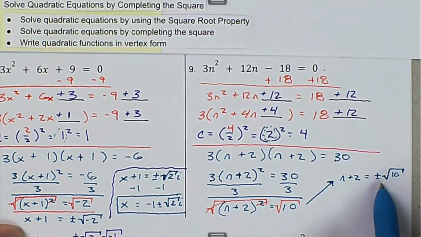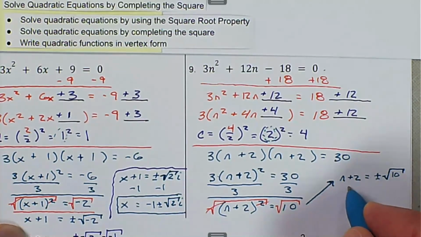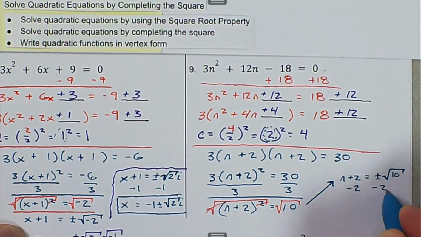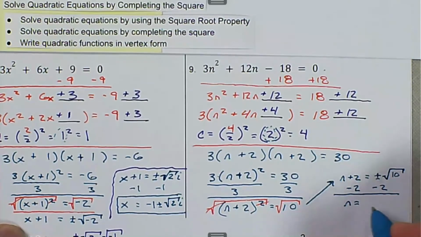We cannot simplify this radical, so we subtract 2 from both sides. And we get n is equal to negative 2 plus or minus the square root of 10.